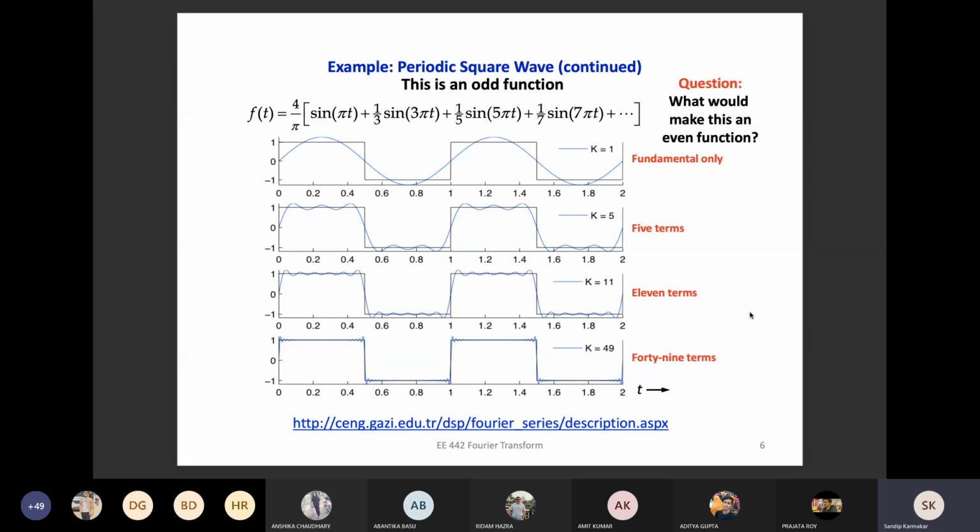This signal is not at all representing the square wave. If I take 5 terms, then it is somewhat representing the square wave. If I take 11 terms, it is more closely representing the square wave. And if I take 49 terms, you can see there is almost no difference between the square wave and the sum of sinusoidal functions.